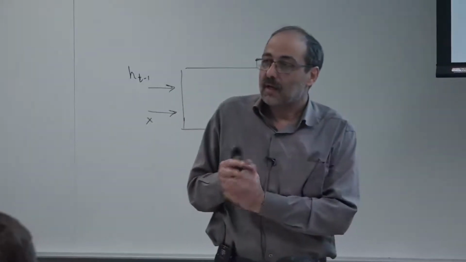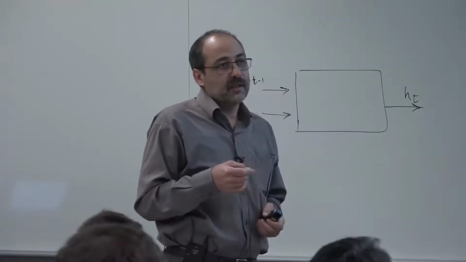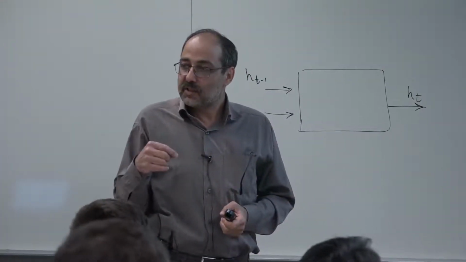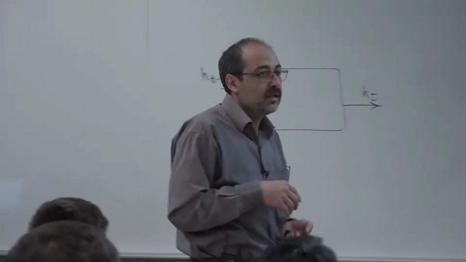Okay, we talked about vanishing gradient a lot, but we didn't talk about exploding gradient. This is another problem. The problem of vanishing gradient is more severe, so there are many more solutions to handle that.